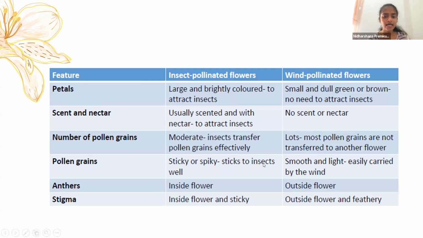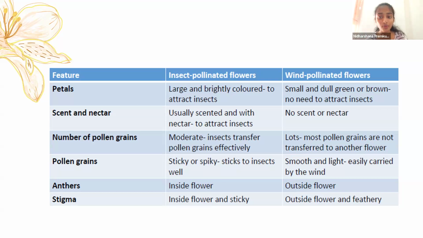Then the stigma. In insect-pollinated flowers, the stigma is also inside the flower and is usually very sticky, so that when the insect comes and lands on it, the sticky stigma catches the pollen falling from the bee or whichever insect is involved.